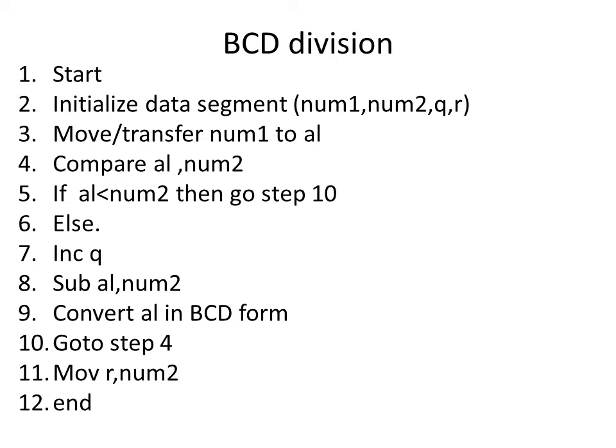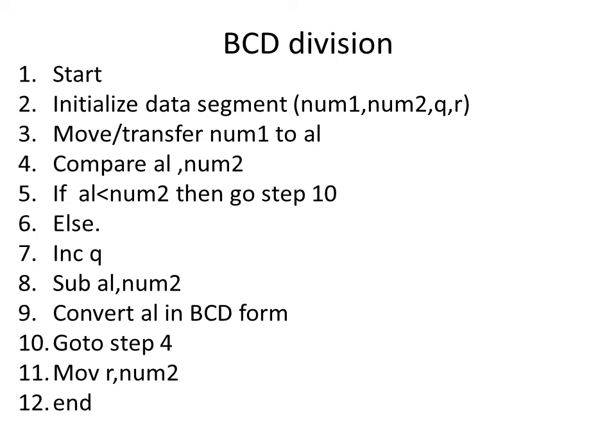So here we are actually performing a subtraction operation, and by using subtraction we are performing division. Suppose we have num1 and num2. Num1 should get divided by num2, and we have to find Q, the quotient, and R, the remainder. If we have 8 and 3, and 8 should get divided by 3, then we perform subtraction: 8 minus 3 is 5.